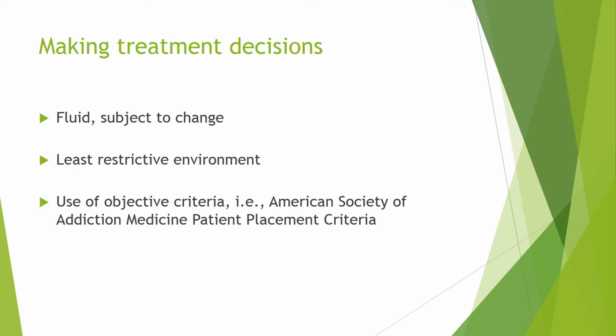The other thing that would drive decisions about treatment is that ultimately, whether we're talking about psychiatric conditions or substance use disorders, what we want to do is make recommendations that allow the person to get the treatment he or she needs in the least restrictive environment. We'll talk a little bit more about this when we meet face to face, but the least restrictive environment is no treatment, and if they need treatment, one step up would be outpatient.